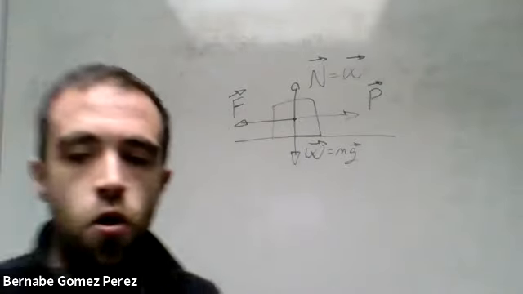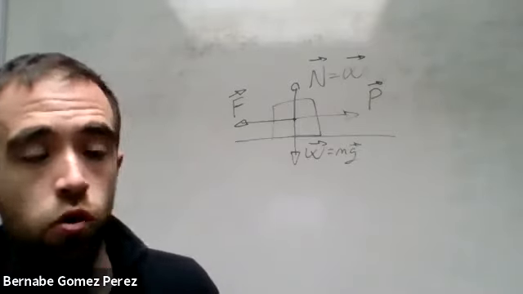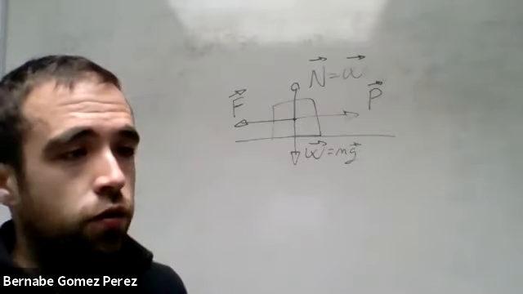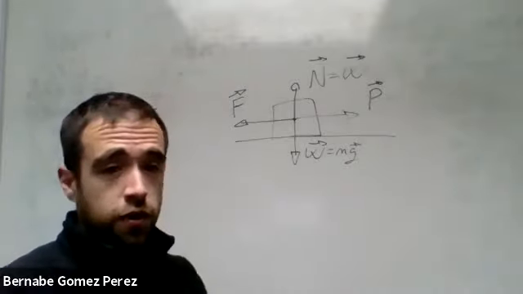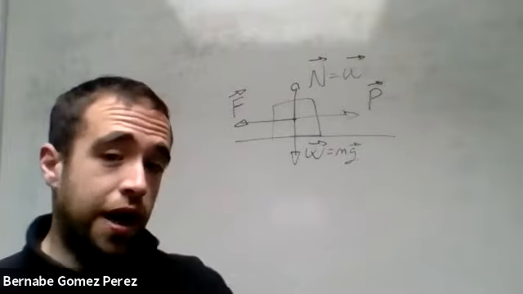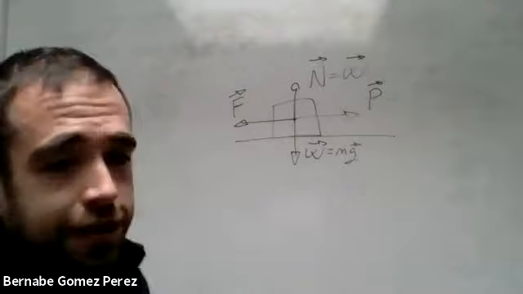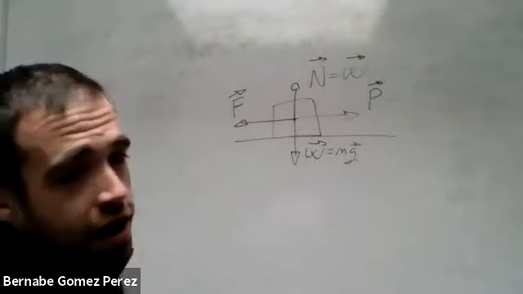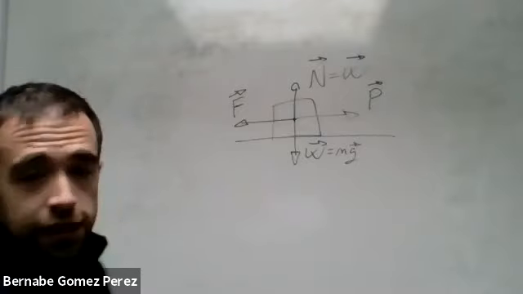So if there is no force, there is either constant velocity, which in that case we would have friction force and we would slow down, we would have negative acceleration, or we would remain static. In such case, we wouldn't have friction force, okay? So basically that's what we have.